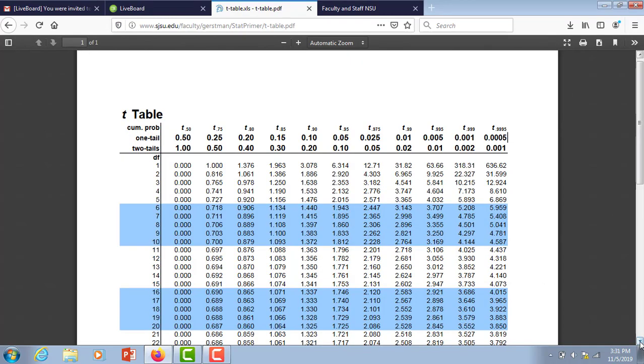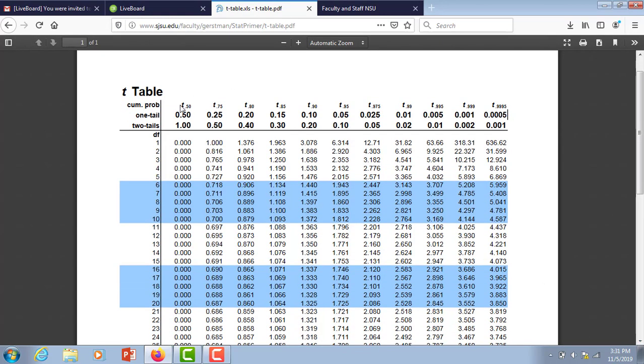So you utilize the t-table by first going to the row at the top of your t-table that corresponds with the type of test you are performing. So we are performing a two-tailed test, so that means we will go with this first row immediately above the degree of freedom row.